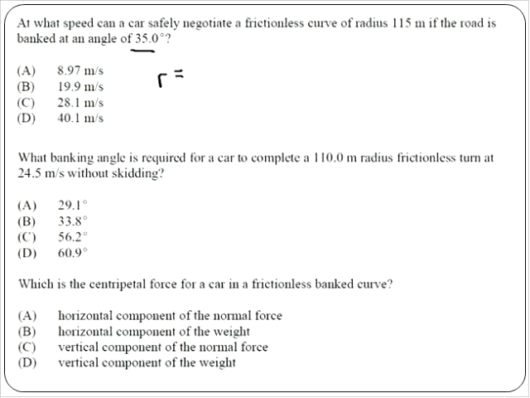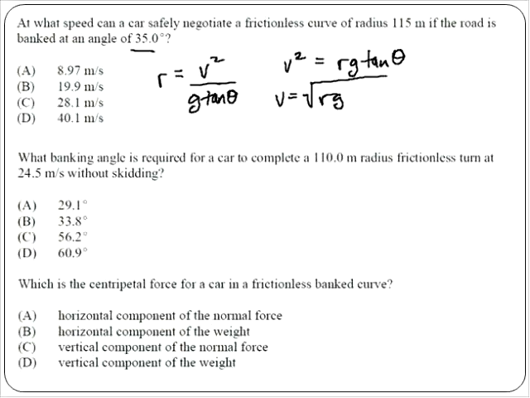And it's straight off the formula sheet: R equals V squared over G tan theta. Now obviously, because I'm asked to find the speed here, I need to rearrange that. So I cross multiply and I get V squared equals RG tan theta, which means V equals the square root of RG tan theta.